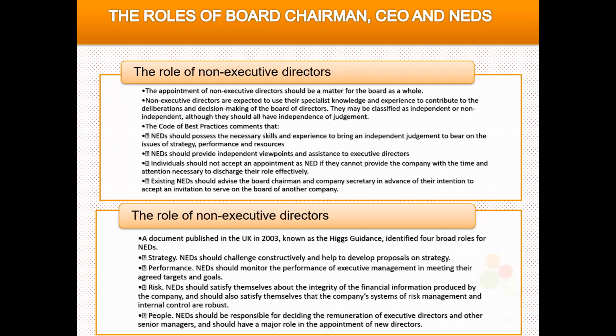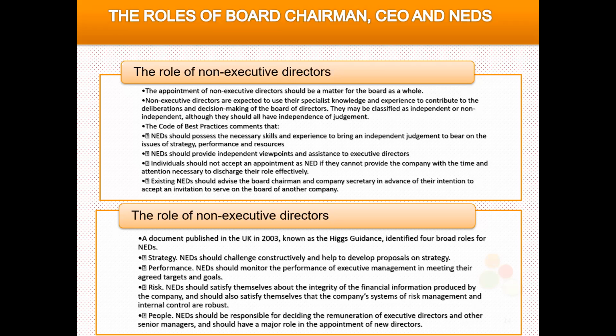They should possess the knowledge and experience to contribute to discussions on the board or to bring an independent judgment to bear on the issues of strategy.